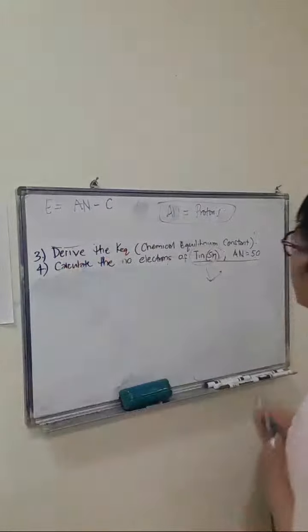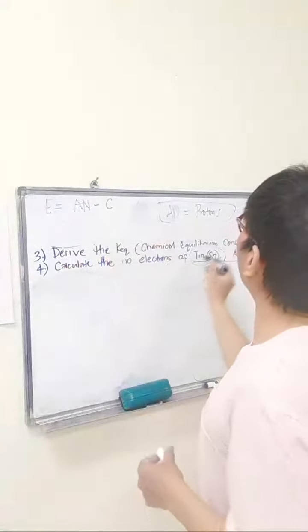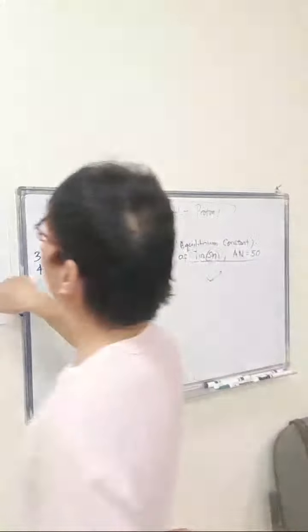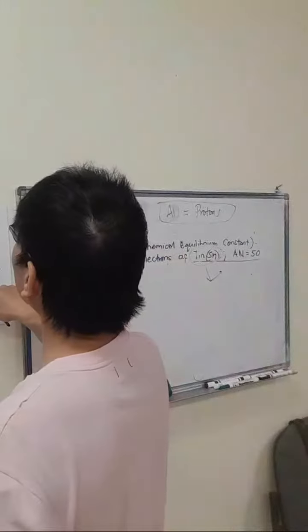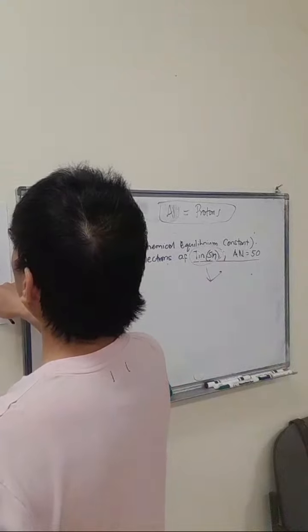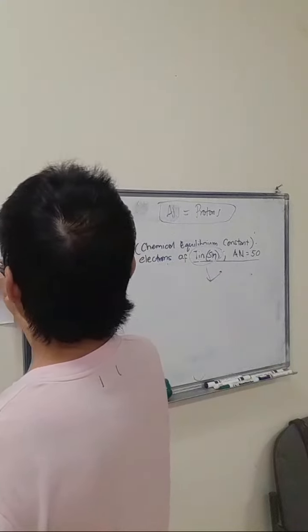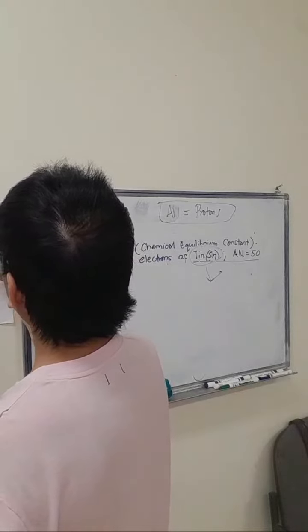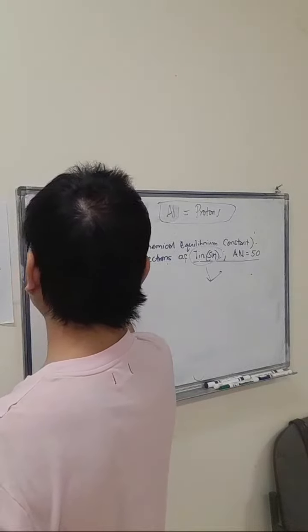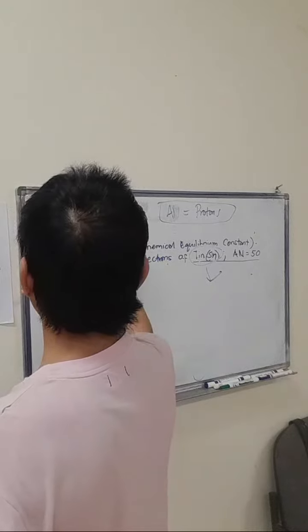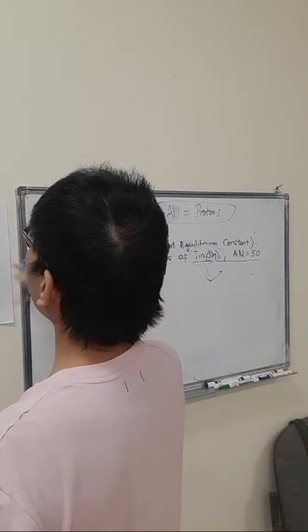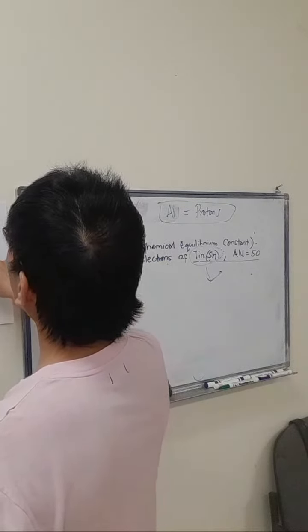So, the atomic number of tin. The tin is here, right? It is 50. Tin, we need to say Sn. So it's here, and the atomic number is 50. Atomic number 50 minus, what is the charge of Sn?